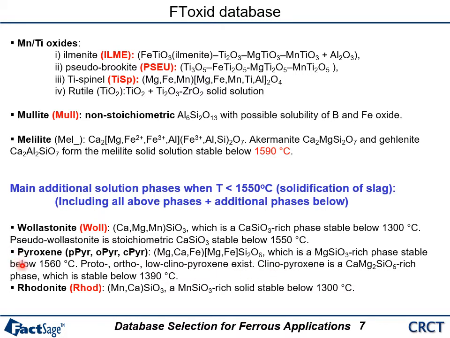We also have the pyroxene phase, and there are many different kinds of pyroxene: protopyroxene, orthopyroxene, clinopyroxene, etc. This is mainly an MgSiO3-rich phase, and also the diopside phase, CaMgSi2O6. And we have the so-called rhodonite phase, which is an MnSiO3-rich phase, and this is also sometimes formed as an inclusion in the steelmaking process.